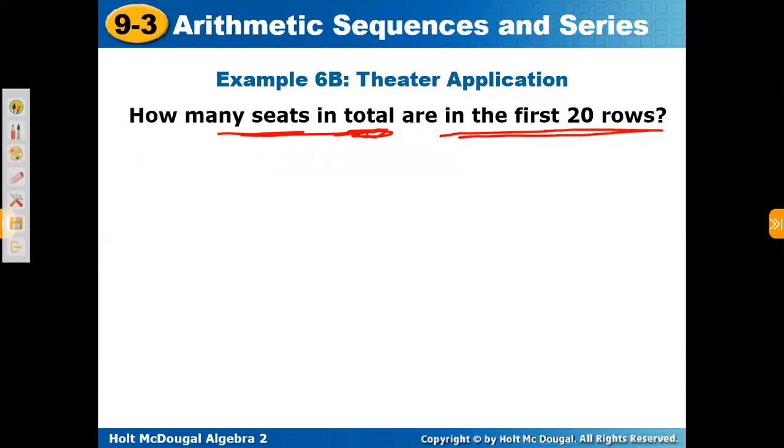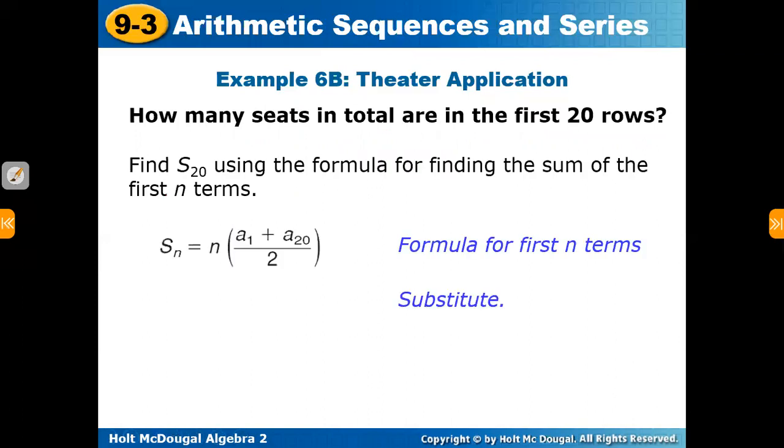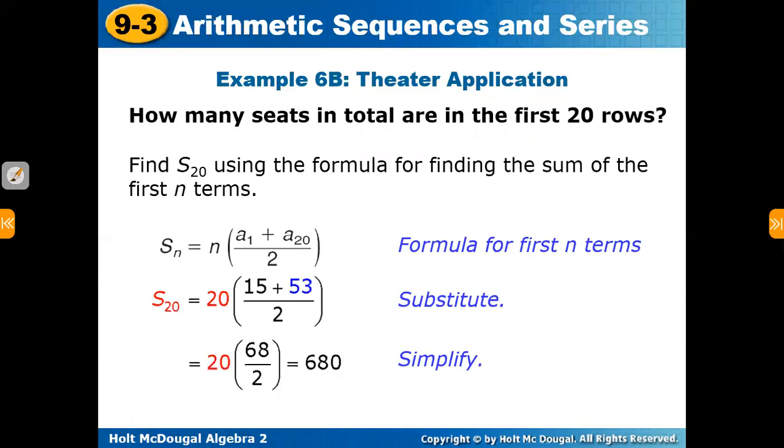I have a1, I have a20. I can apply my Sn formula directly to get the sum. So I have 680 seats in total.